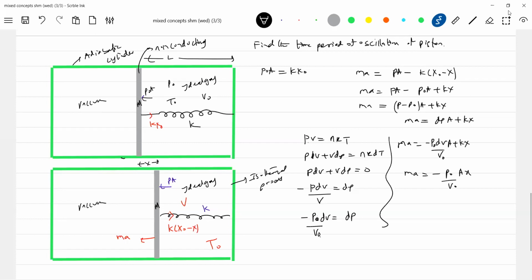That was the change in volume. Ma is equal to minus P naught A square by V naught x plus Kx.